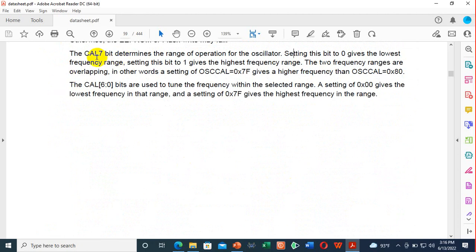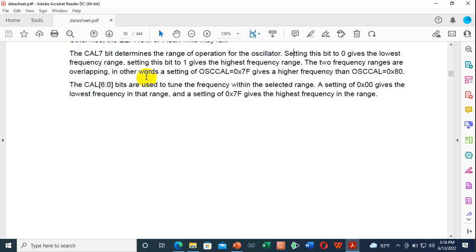The calibration bit 7 determines the range of operation for the oscillator. Setting this bit to 0 gives the lowest frequency range. Setting this bit to 1 gives the highest frequency range. Bit number 7. Okay. The two frequency ranges are overlapping.